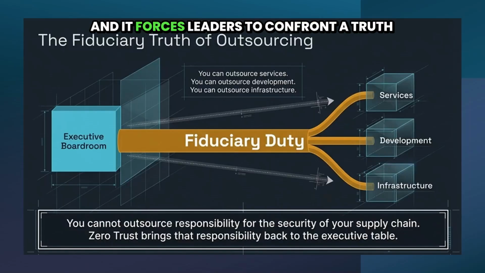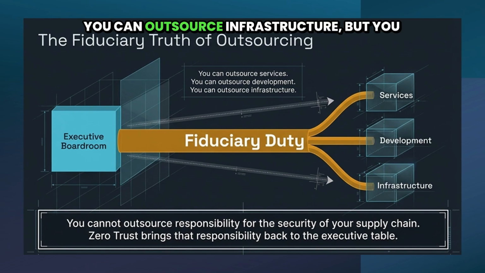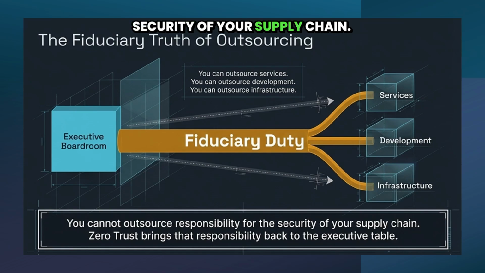And it forces leaders to confront a truth many have avoided. You cannot outsource accountability. You can outsource services. You can outsource development. You can outsource infrastructure. But you cannot outsource responsibility for the security of your supply chain. Zero trust brings that responsibility back where it belongs, to the executive table.